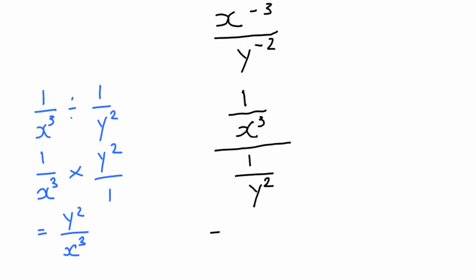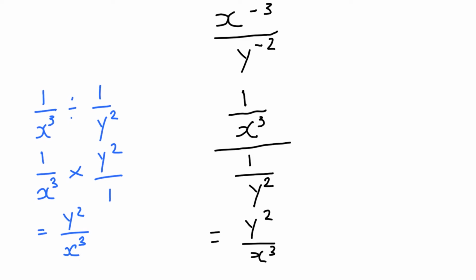So that's what we are going to end up with as our answer. When we have a fraction divided by a fraction, just flip the second fraction and multiply. And we have y squared over x to the power of 3.